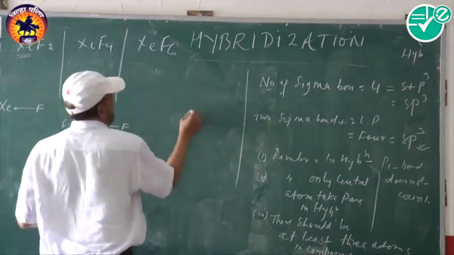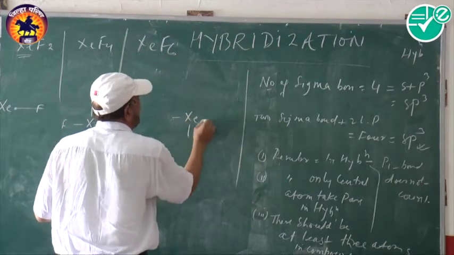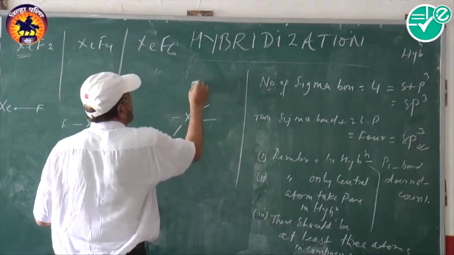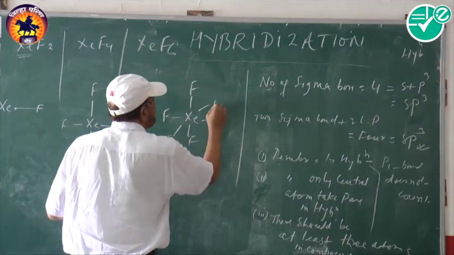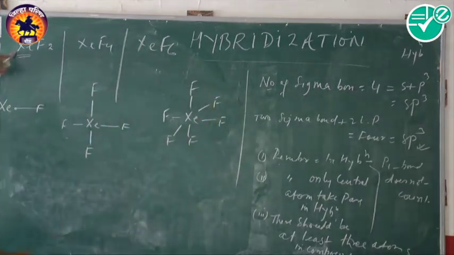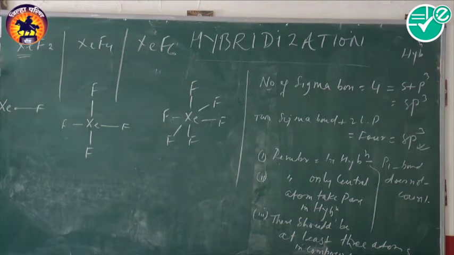In this case, same central atom but 6 bonds. See, this xenon belongs to group 8, but only 2 electrons take part. That is, the remaining 6 electrons as lone pair.